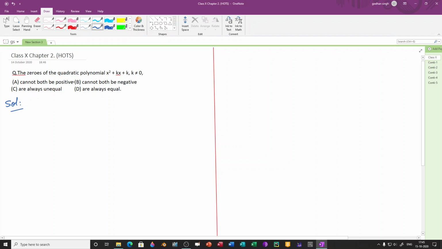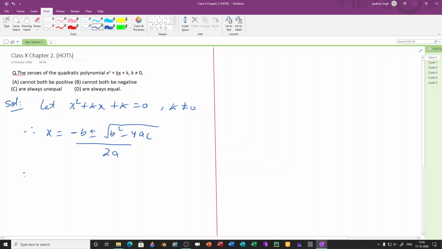So here we have to discuss the zeros of the quadratic polynomial. So let x square plus kx plus k equal to 0, where k is not equal to 0. Using the quadratic formula, we will get x equal to minus b plus minus square root of b square minus 4ac over 2a.